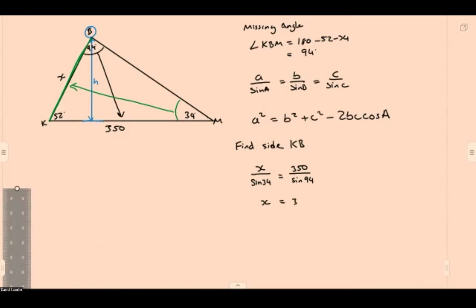X would equal 350 sine 34 over sine 94. Get that answer. X is 196.2.